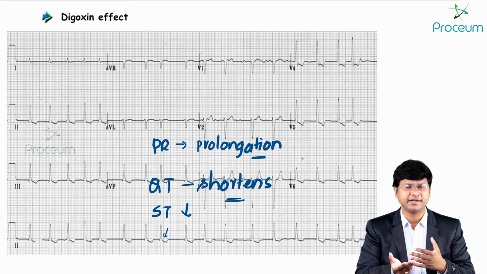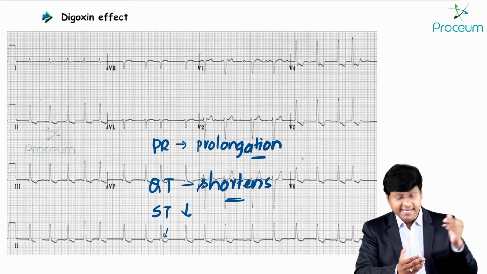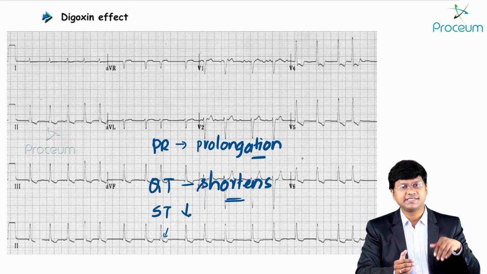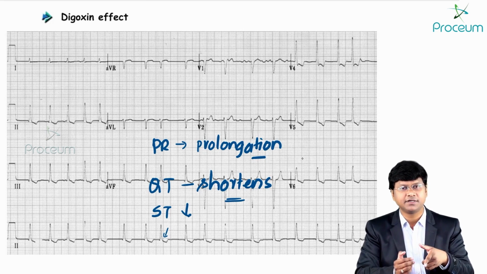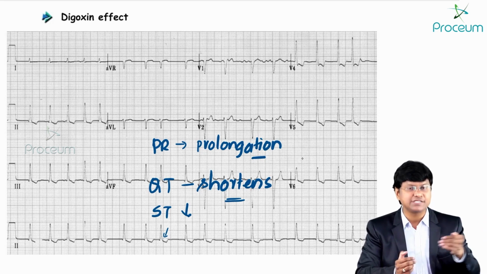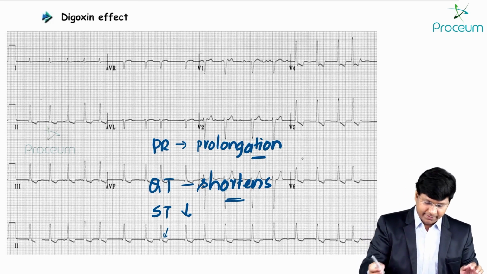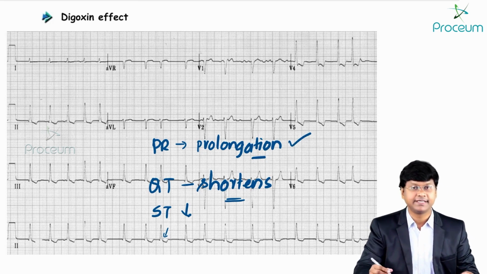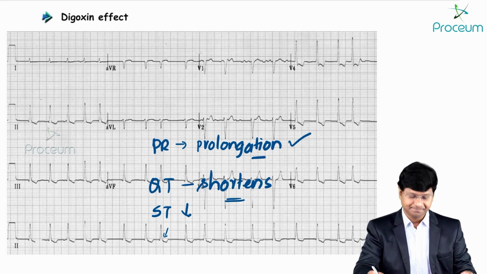Why? Because what is the PR interval? PR interval is nothing but the time taken for the impulse to move from the SA node to the AV node and through the AV node. And digoxin is increasing the refractory period at the AV node, so it takes more time for the impulse to pass through the AV node. So thereby, there will be prolongation of the PR interval.